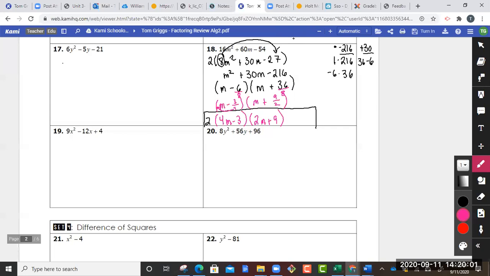So your first step, right, you're going to take 9 and multiply by 4. So that's going to change the problem to x squared minus 12x plus 36. That's where the 36 goes. Now factor that using the guess and check method.